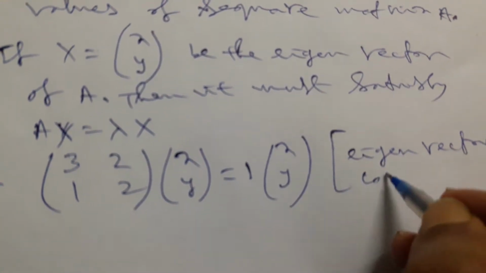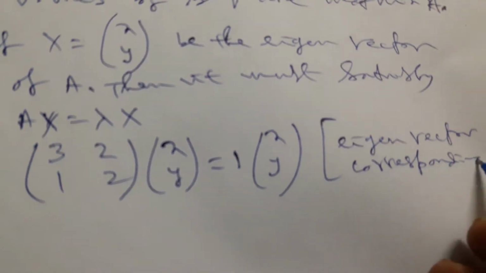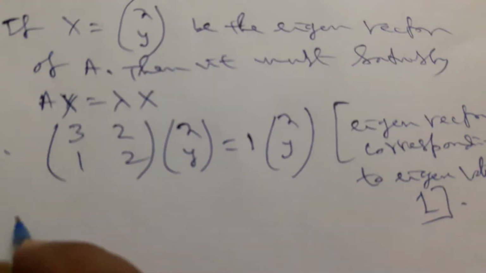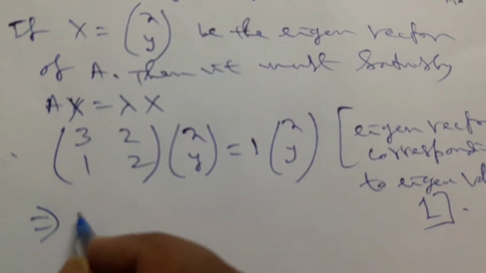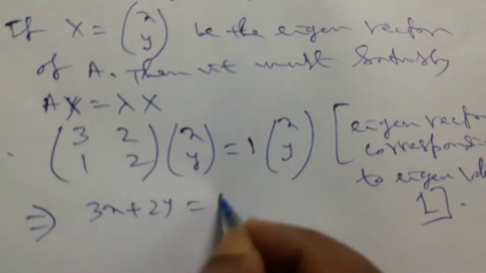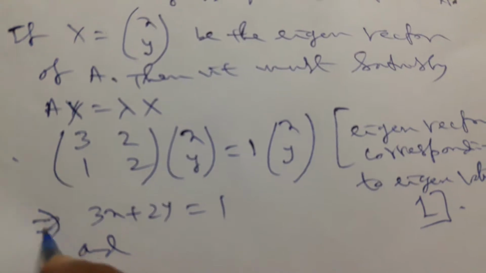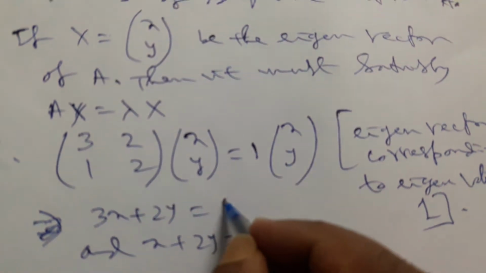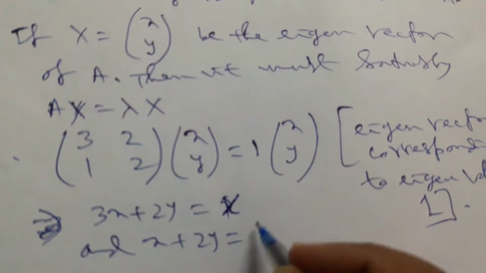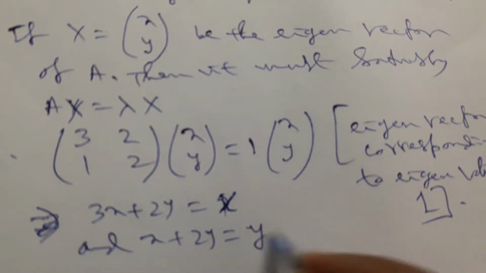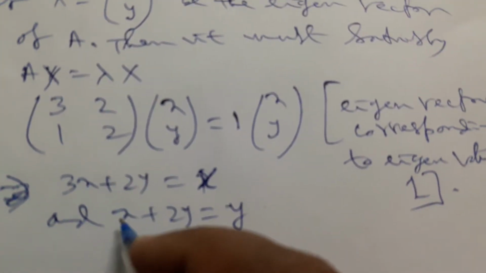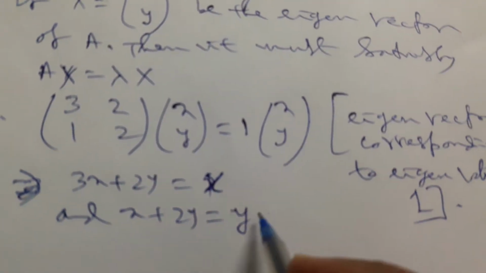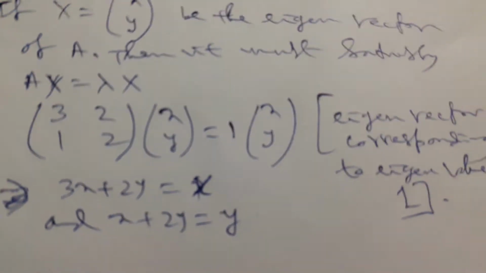Eigenvector corresponding to eigenvalue 1, which implies, by matrix multiplication, 3x plus 2y is equal to x, and another term x plus 2y is equal to y. Comparing the matrix format, we get these two equations.